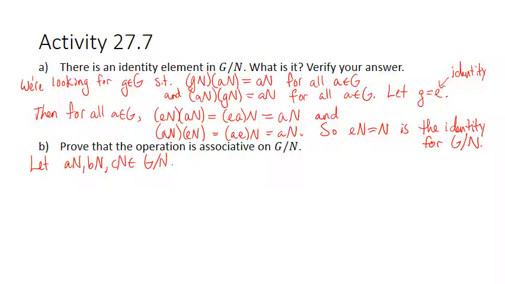We need to show that we can start with aN times bN, and then times cN, and that it's the same as if we multiply bN and cN first.